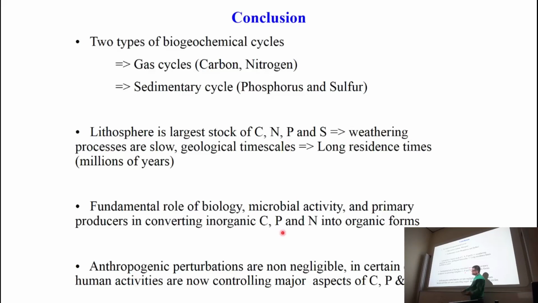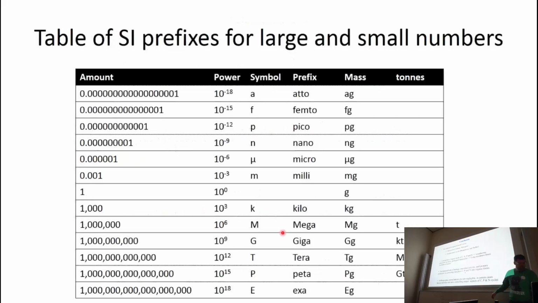Also, with every one of the nutrient cycles, and probably every element cycling within the Earth system, anthropogenic perturbations are really quite dominant now. So we're basically in an entirely Anthropocene world, which is exciting.